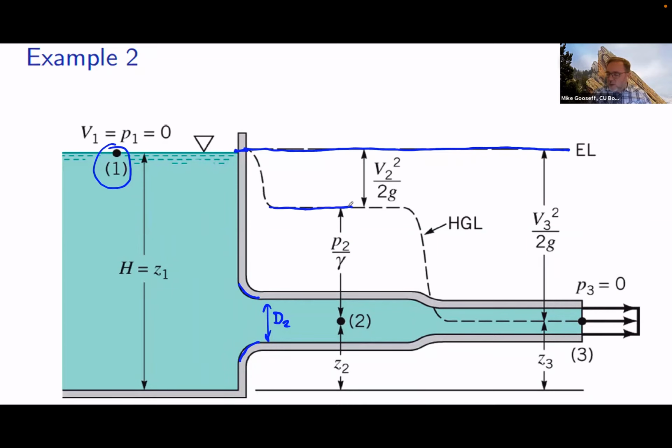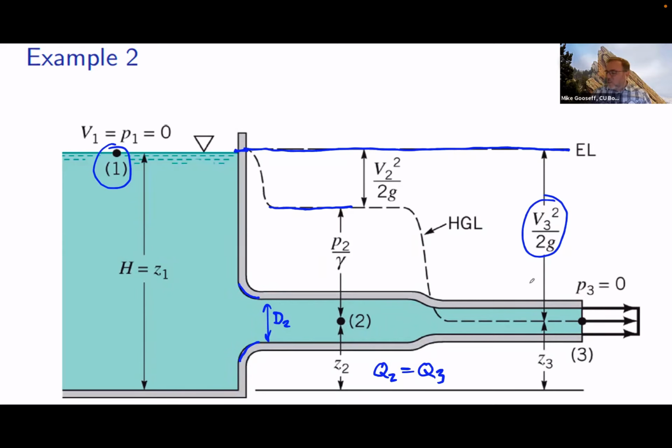And then when we have the change in diameter again, V3 squared over 2g, that velocity head increases again because Q2 is equal to Q3, right? Those flows have to be the same. When we close down the diameter or make the area smaller, velocity has to increase. And so that's what's represented here as the velocity head increases.